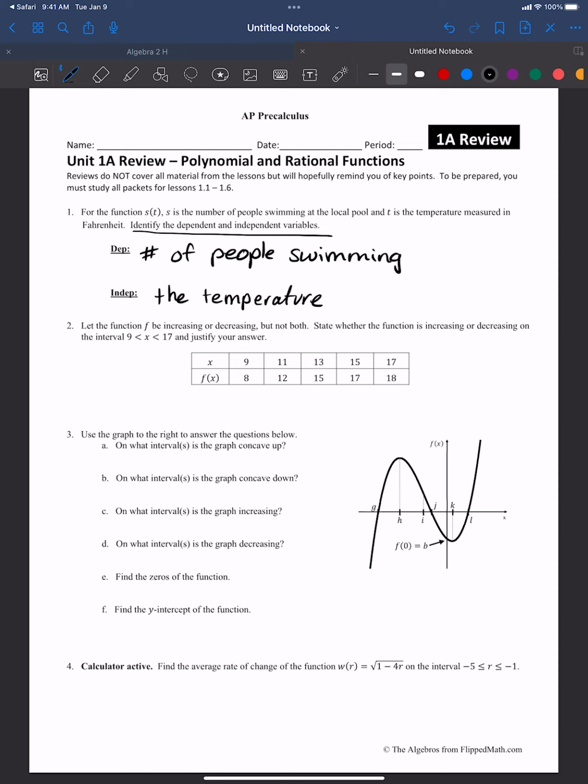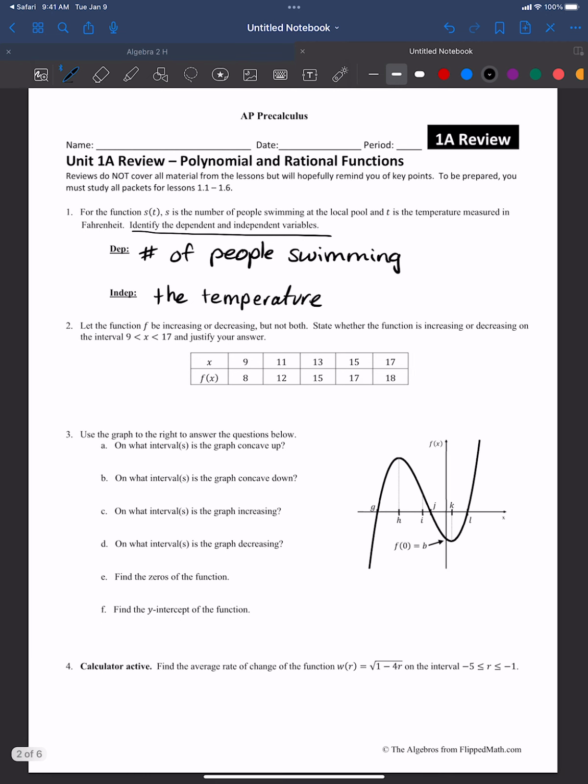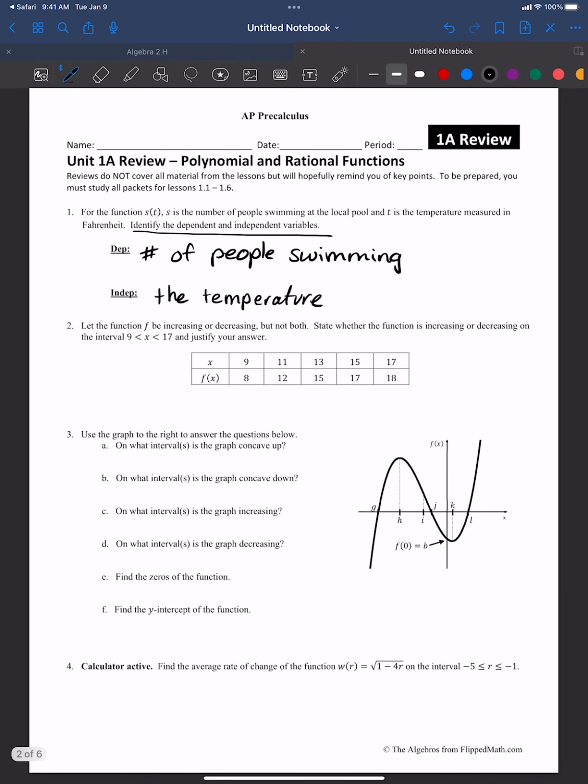So in question 2, let the function f be increasing or decreasing, but not both. State whether the function is increasing or decreasing on the interval 9 through 17. So on this whole little chart, I'm basically looking to see whether my function is increasing or decreasing. It cannot be both.